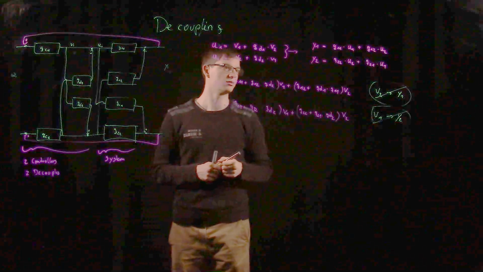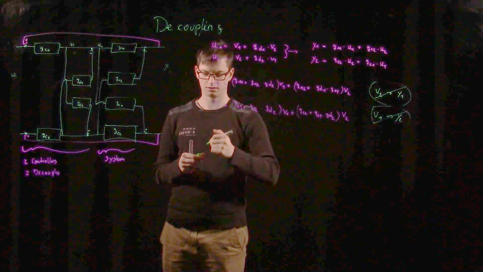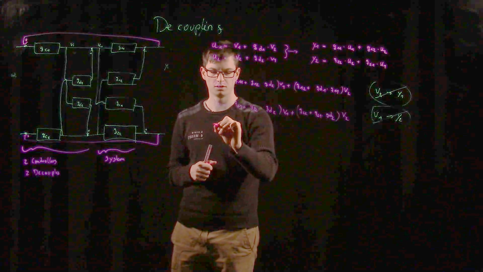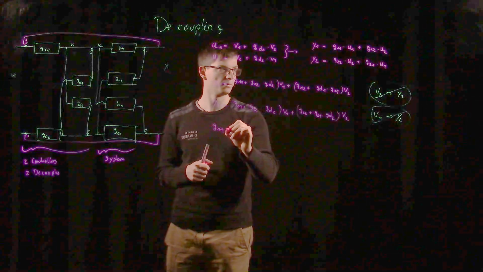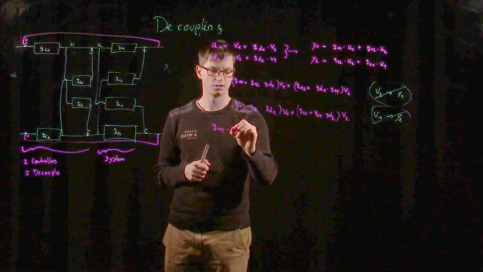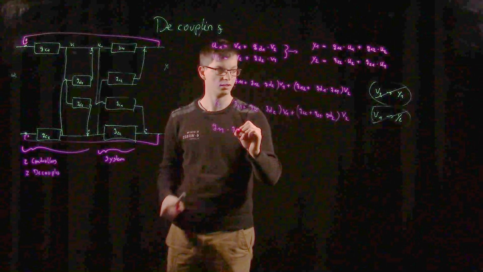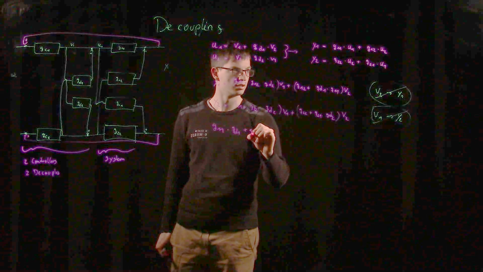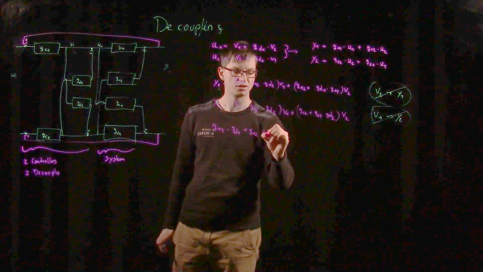And this means that we can say G11 times GD1 plus G12 equals 0.